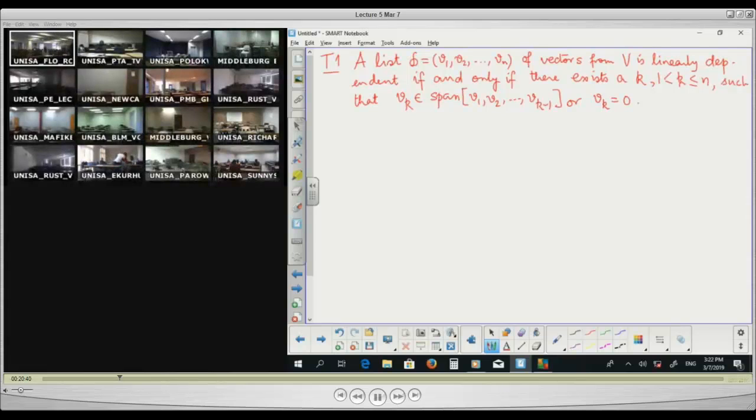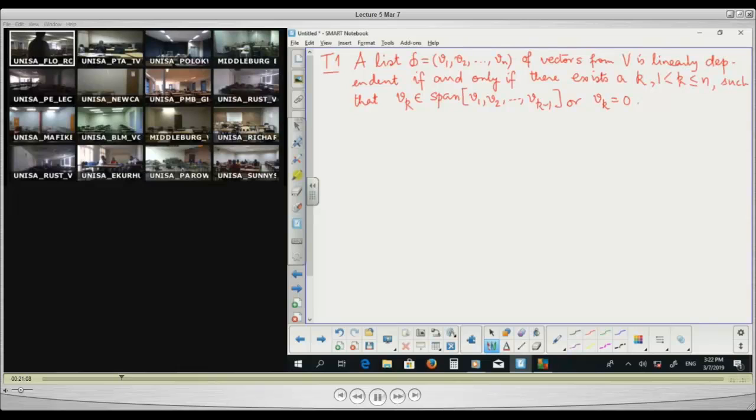No. If V3 is a linear combination of V1 and V2. No. And so on. So you see, it is an algorithm, right? This statement itself suggests a way to see whether it is dependent or not. So before coming to the proof, let's look into the algorithm.